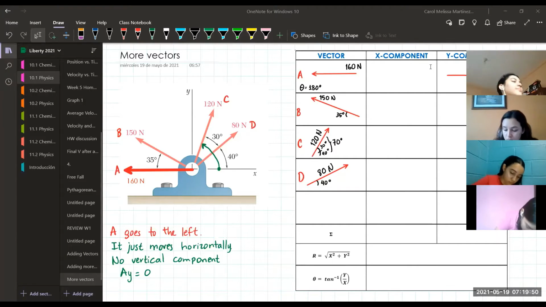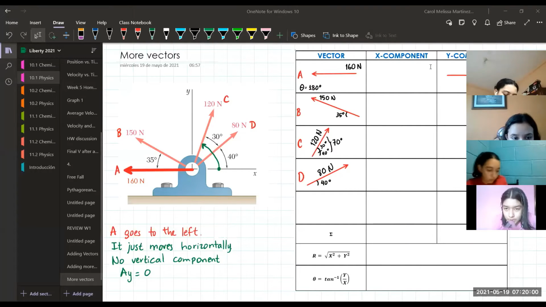Now, in the x component, you can use the angle as I told you, the angle over there is 180. How do I know that it's 180? Because I measure my angle from the x-axis, and from my x-axis to my vector A, I have 180 degrees.